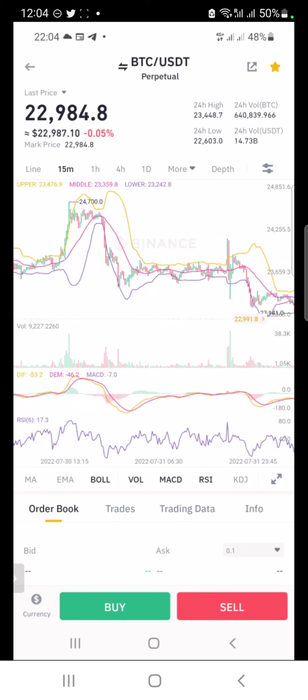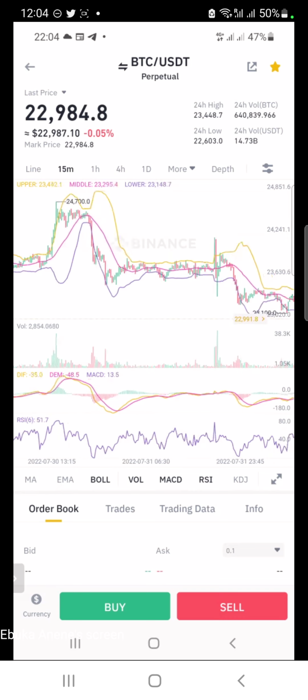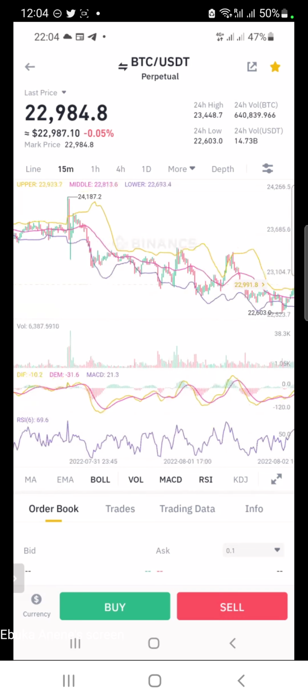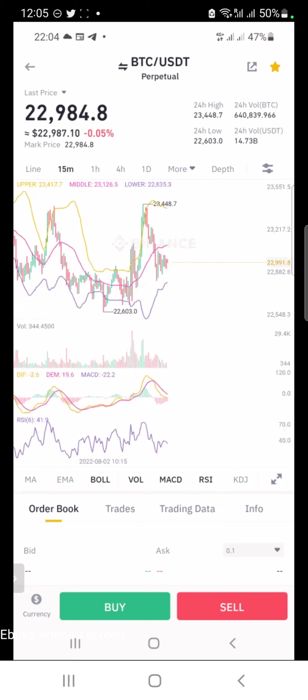It is 24.7. So you know that if price now breaks 23.4, when price is going up, the new resistance you should be looking out for is 24.1. However, it is a temporary resistance.